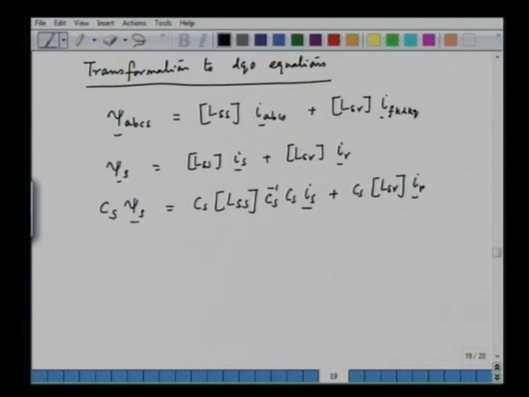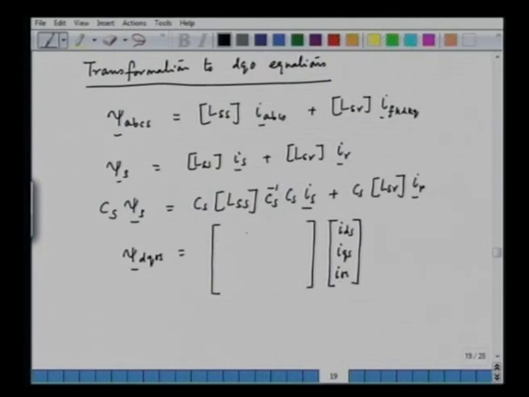Now, what is CS into psi S? This ABC will transform into the dq. So, we can say here this is dqOS, and then this matrix after transformation will have the following values. When we transform CS into IS, that will be IDS, IQS and IOS.